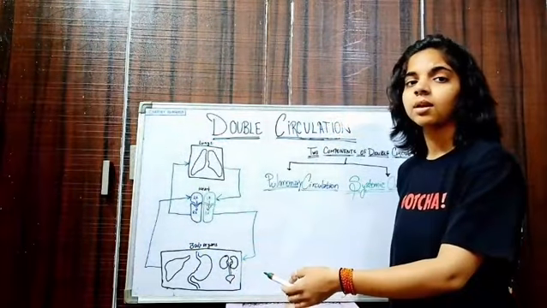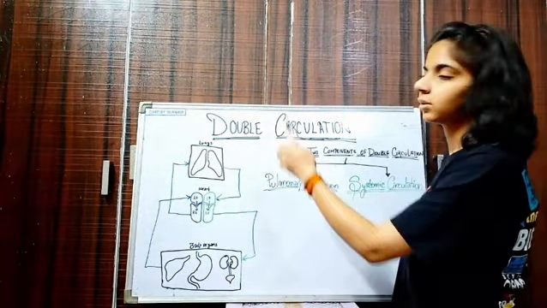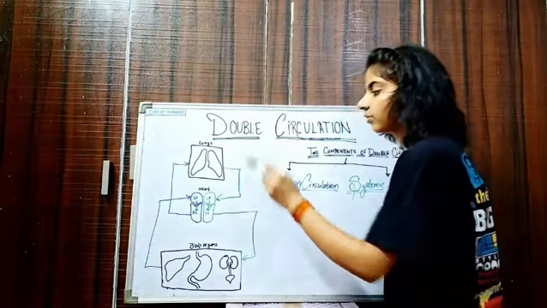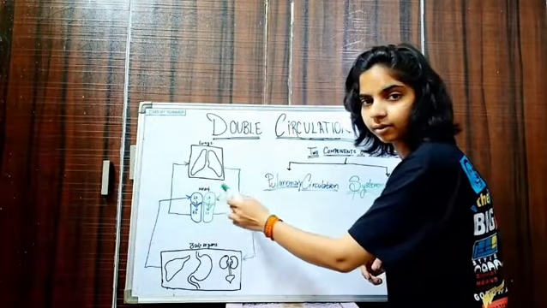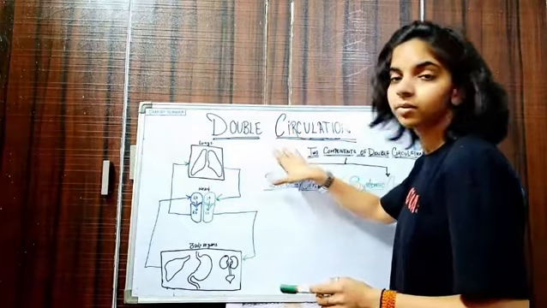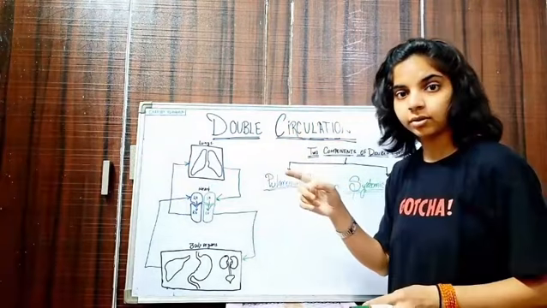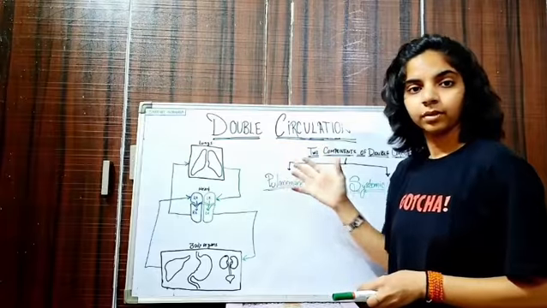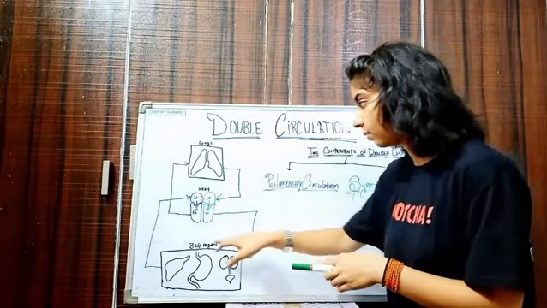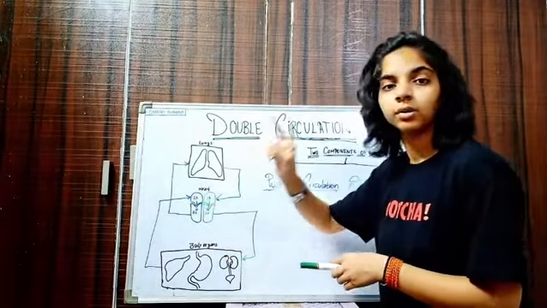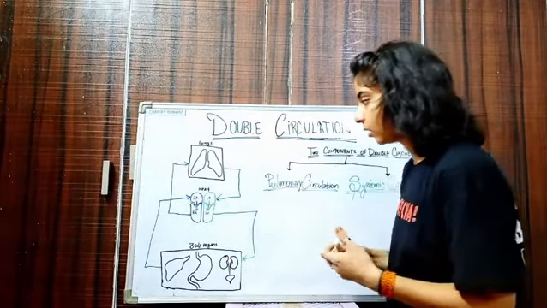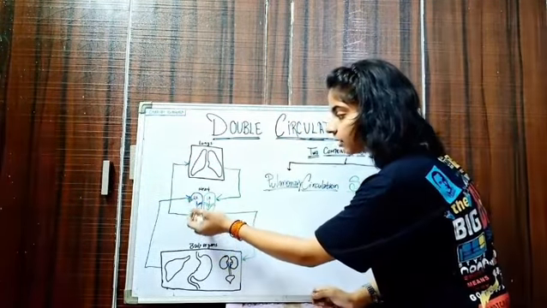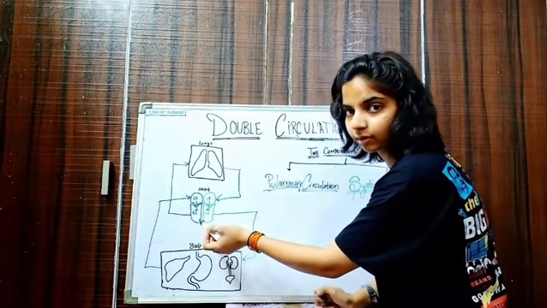Now you will say, where does double circulation take place? Now see, first of all, this is the heart. We call it double circulation because, as I told you earlier, double circulation is given the name because the blood passes through the heart twice. First, the blood passes through the right atrium and right ventricle.